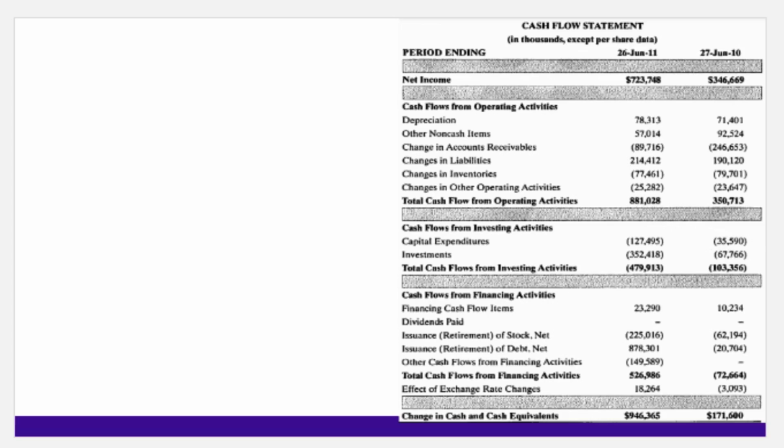Note that this amount is much different from the net income of $723,748 that was earned during the reporting period. The main reason for the difference between net income and cash flow from operations is the accrual basis accounting principles used by the company.